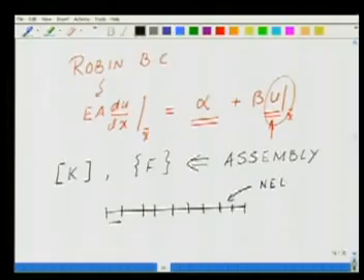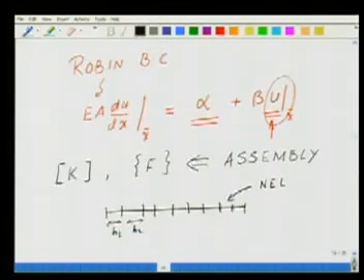Non-uniform means that the mesh size is not the same for each element. Does it pose any problem? From what we have done, the stiffness matrix for any number of elements, let's say NEL is equal to 100, can be easily formed using the stencil that we have given.